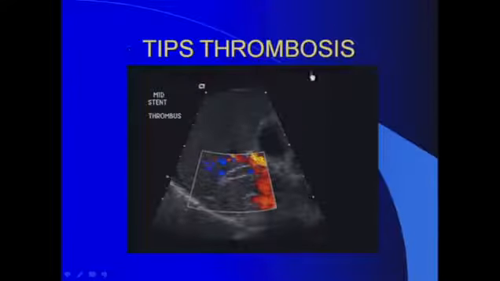All right, another example of TIPS evaluation with color Doppler. The most reliable finding to say that the TIPS is thrombosed is when you do not see flow within the stent by color Doppler. In my experience, I find this a very reliable sign that the TIPS is not functioning. But you have to be aware that you need to have optimized color Doppler settings before you make this call.